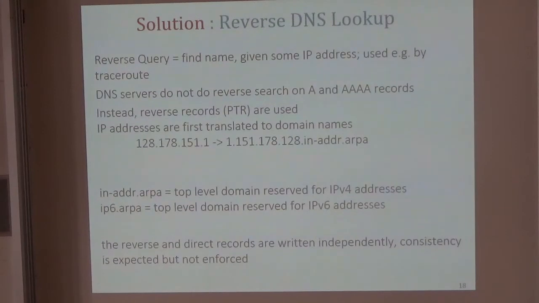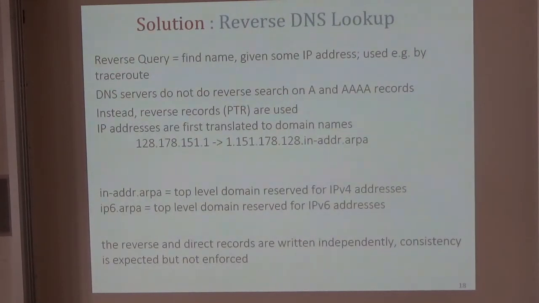So there is a second table for the IP address to names. So they do not do a reverse search. Instead, when you are responsible for a domain, you need to populate 2 tables in the DNS server.